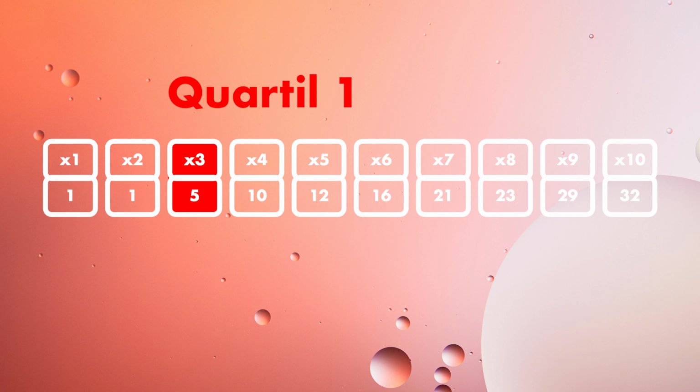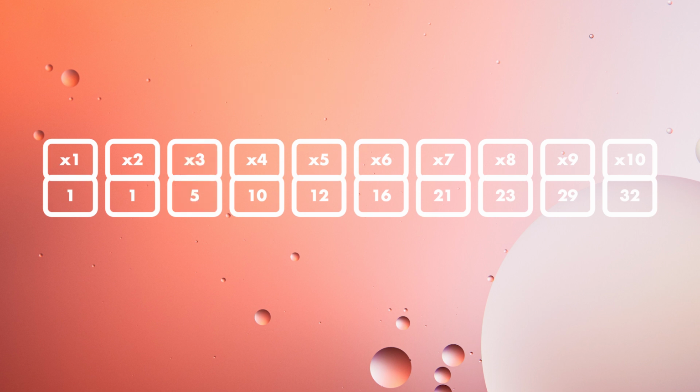When the quartile is between two elements, we say that its position is a non-integer value. Also in the dataset with 10 elements, the position of the second quartile is between the elements in positions 5 and 6. So its position is 5.5. In this case, it is necessary to calculate its value by averaging the values of the elements in positions 5 and 6.